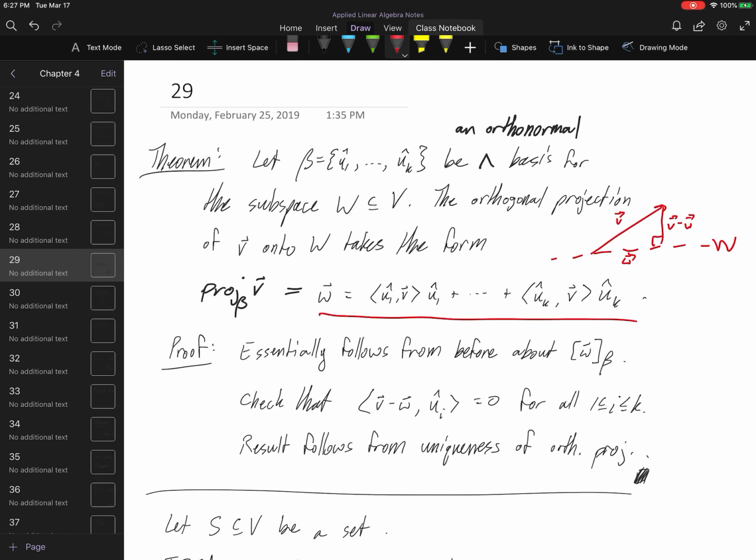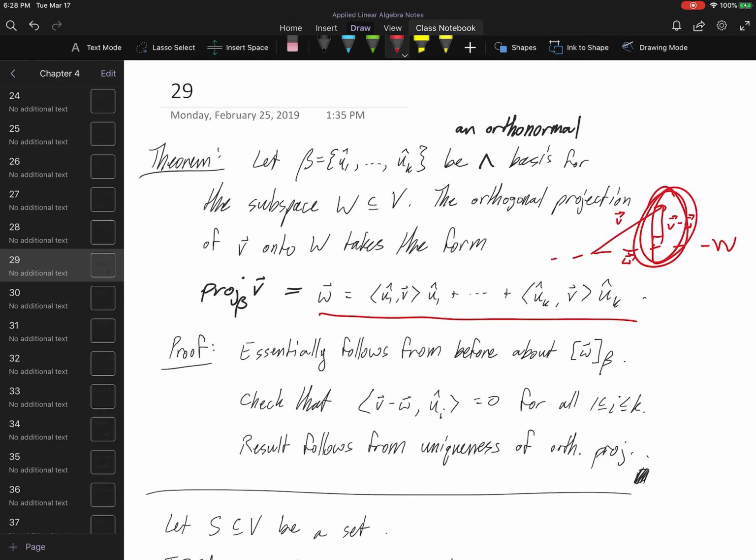So that means that we have picked off all of the components within W that live in the vector v, and there's nothing else that this vector can contribute from W in order to produce the remaining leg.